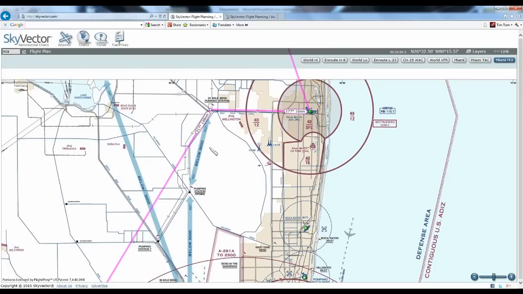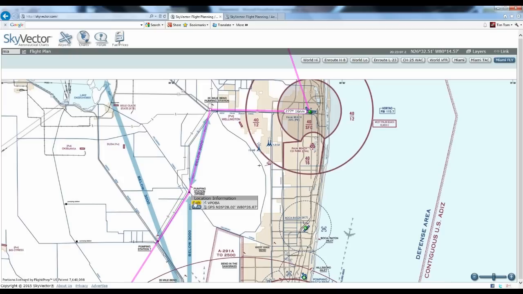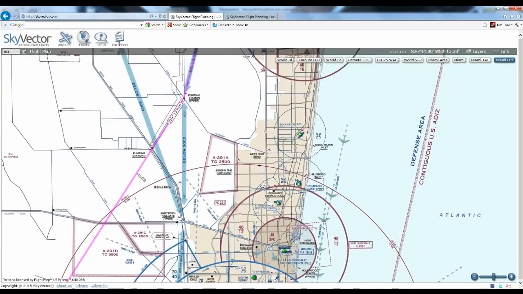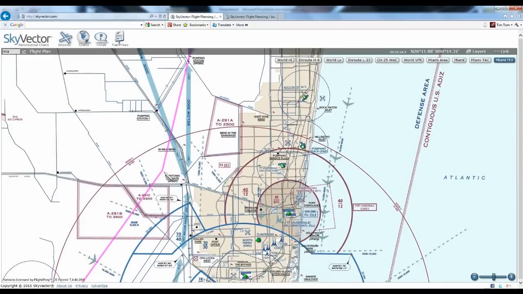So there's a bend in the highway, and we should see a pumping station. We know at that point we need to turn and fly a course of 195 to another pumping station. Then at that pumping station, we fly a course of 182 until we get over this interchange right here. This is the I-75 and US 27 interchange.